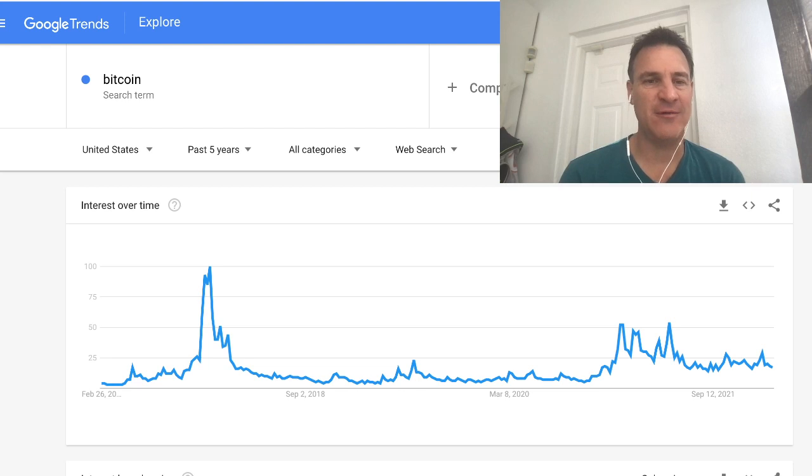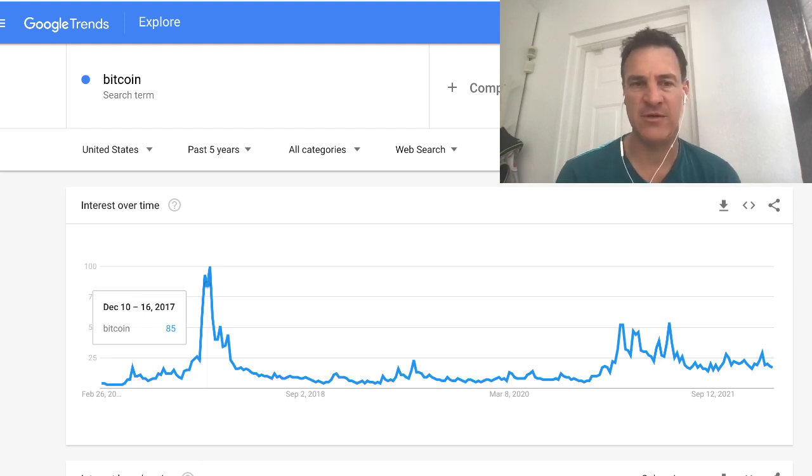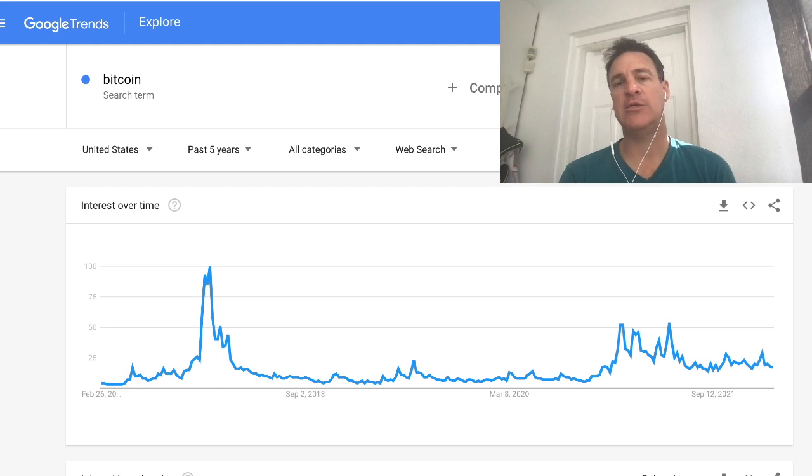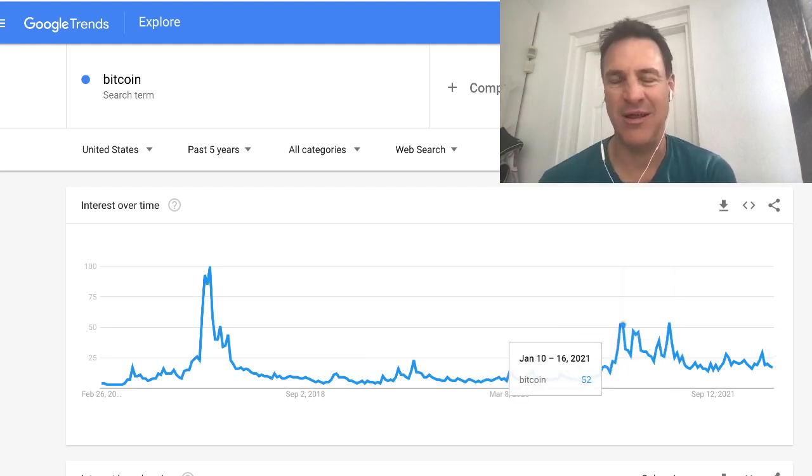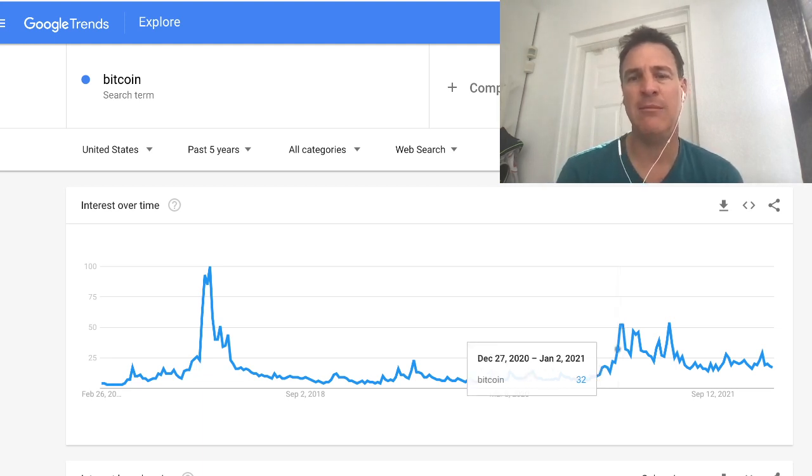And so what this reveals is that the peak Bitcoin search volume occurred in late 2017, during that epic bull run of 2017, the blow off top. And what he drew attention to was that this year, in the early 2021 trend, Bitcoin search data only really got to about 50% of its previous high at 2017.